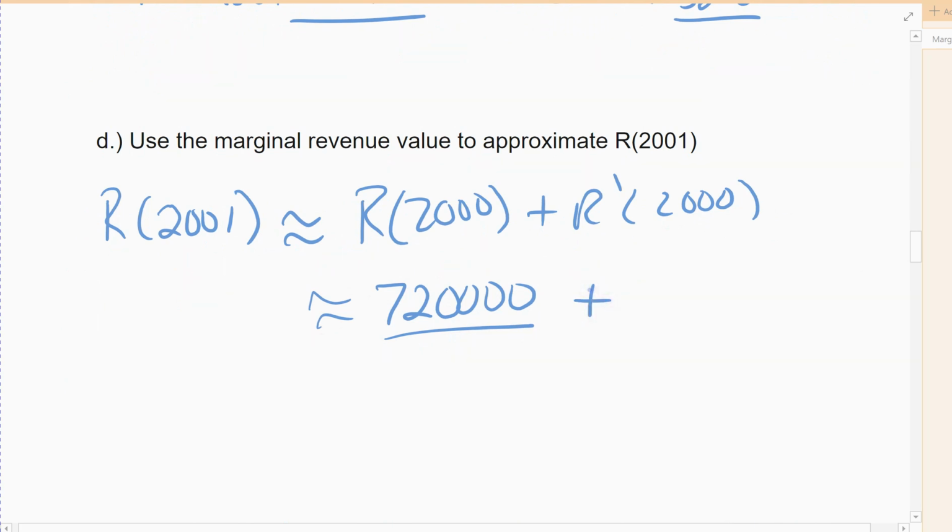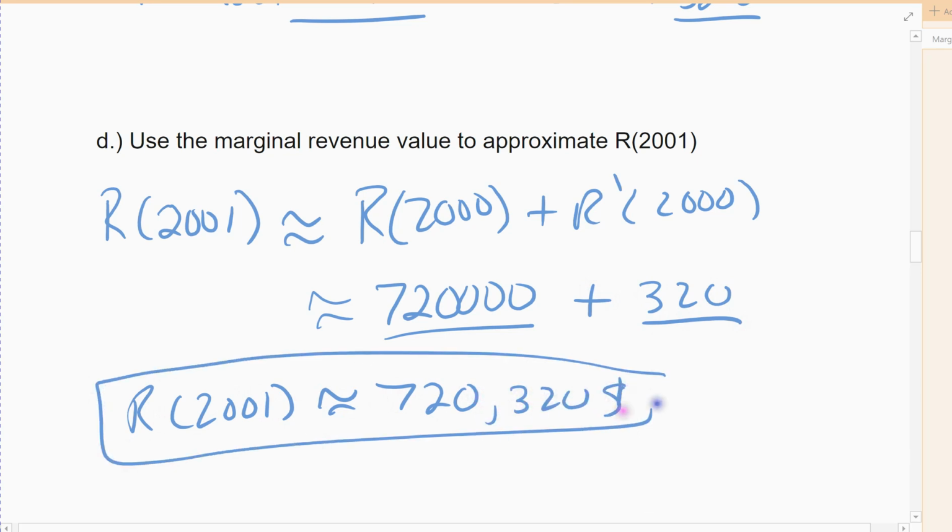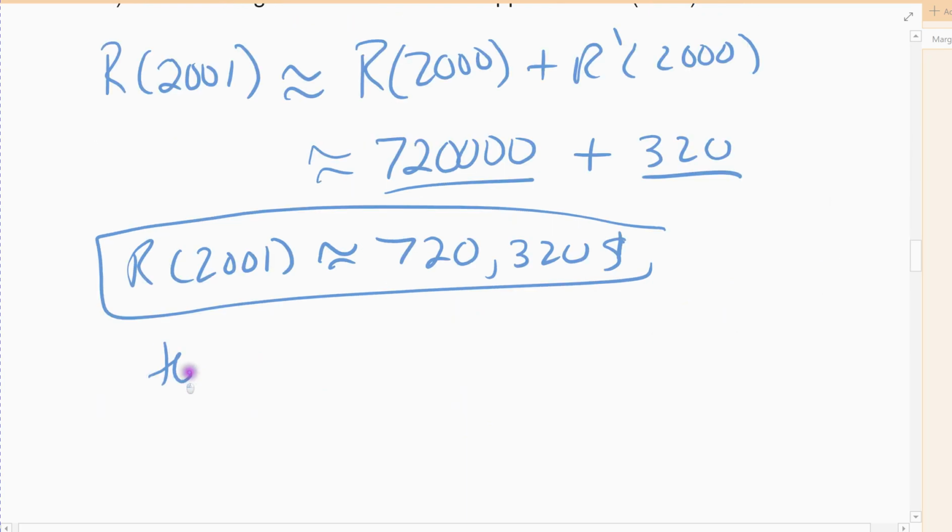They sell one more speaker, they'll get about $320 more, and so the approximate revenue generated is $720,320. Again, it is an approximate.